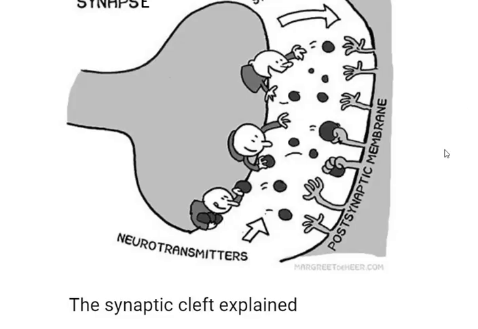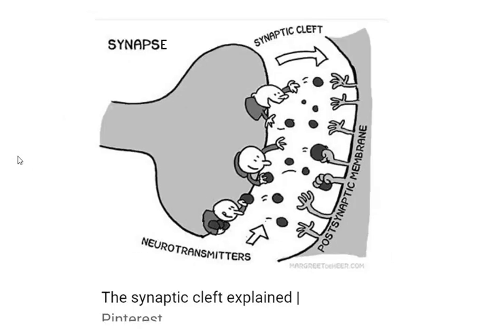And just in case you didn't get it, here it is as a cartoon. Because of the action potential, or the electricity coming down here to the bouton, you're going to have the vesicles releasing neurotransmitter, tossing it across the synaptic cleft, where it is going to be caught by the receptors on the post-synaptic membrane.